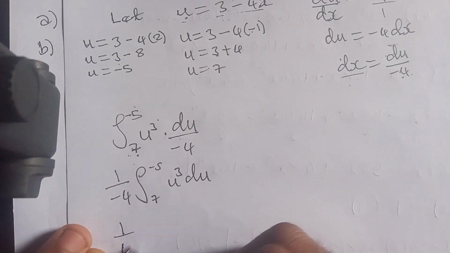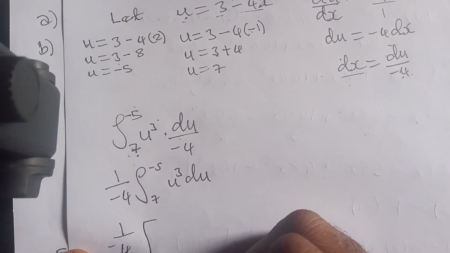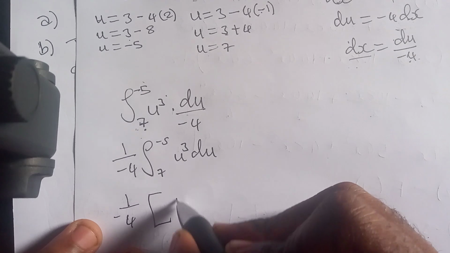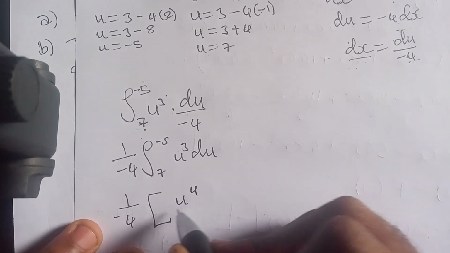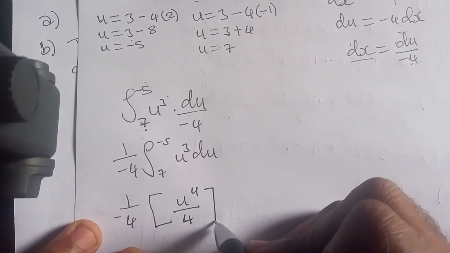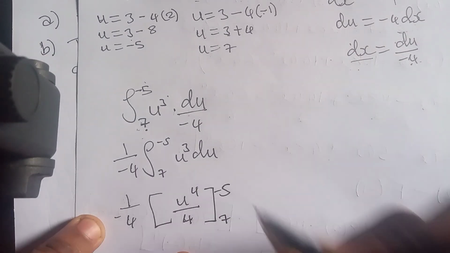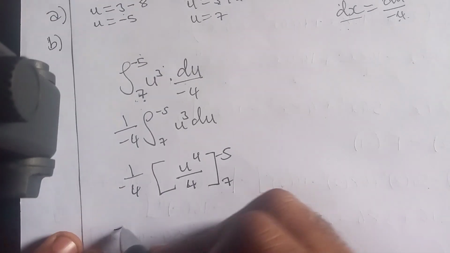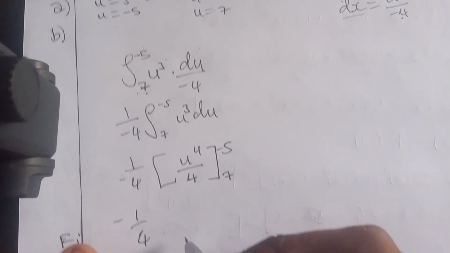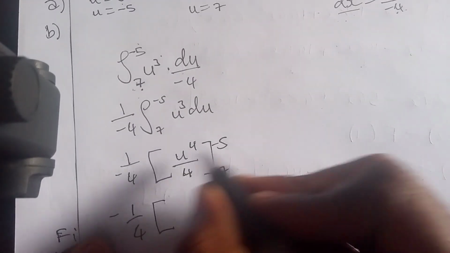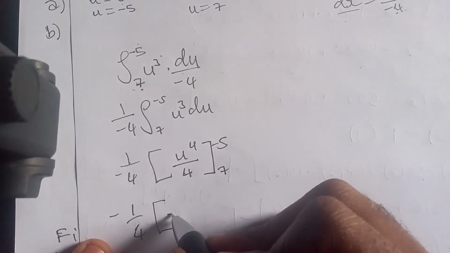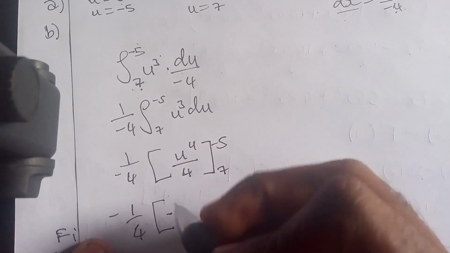And then when you integrate this, you have u to the power 4 over 4, and then you are integrating from 7 to negative 5. So you have negative 1 over 4, and then I can substitute my 5 in there.